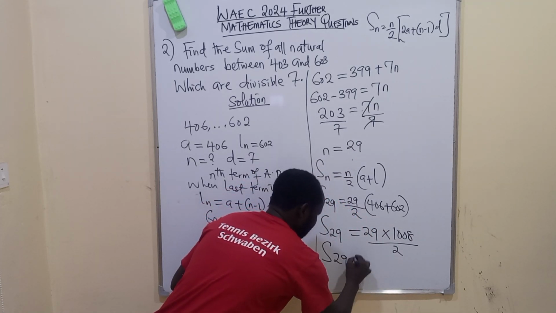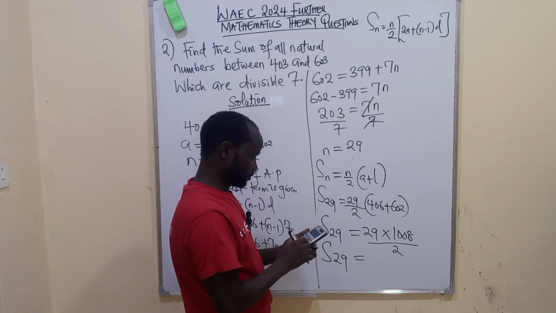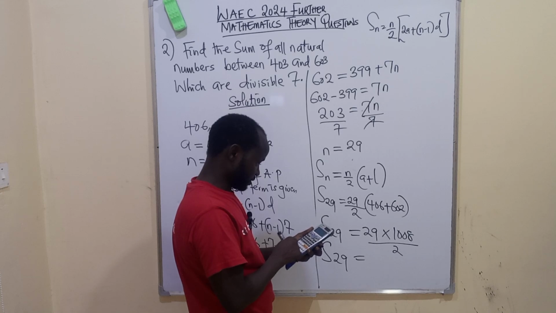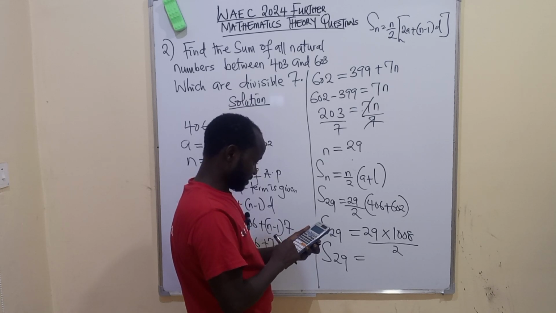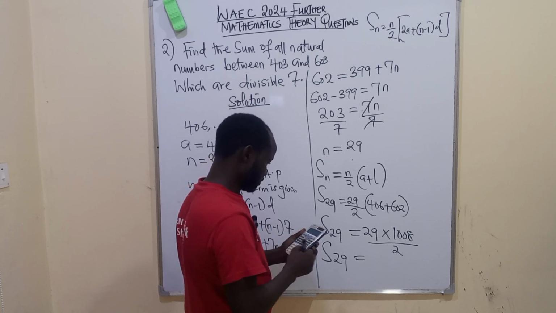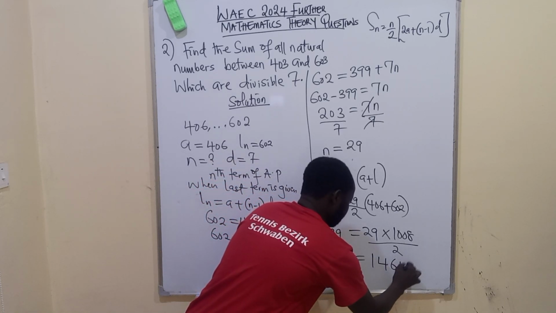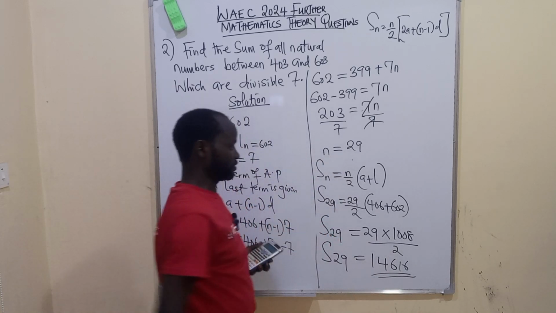So the sum now will be equal to, we can now multiply: 1008 times 29 divided by 2. So the answer will be 14616. Sorry for that. This will be the correct answer.